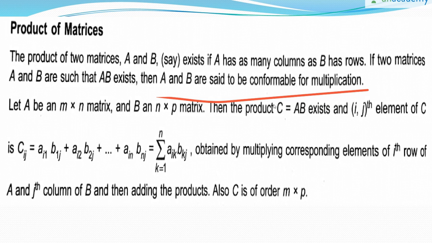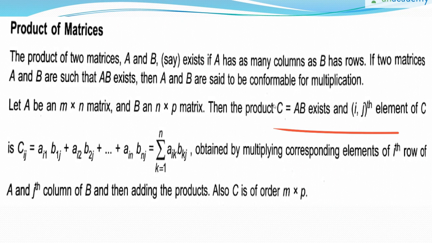If the order of matrix A is m cross n and matrix B has order p cross q, then the minimum requirement is n should be equal to p. Then AB, that is the product of matrices, exists.